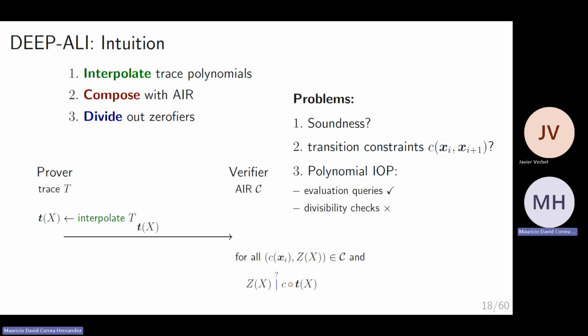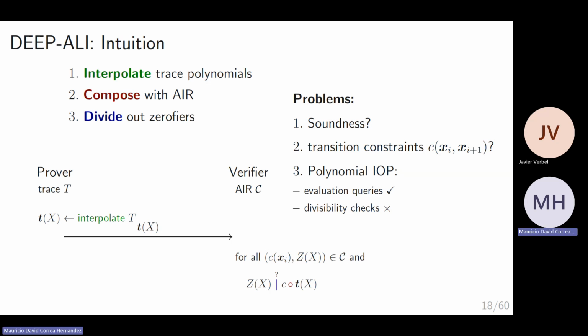The second thing is, I'm saying compose the trace polynomials with the AIR, and that makes sense because we have W trace polynomials, and some AIR polynomials take W variables, but the transition constraints take 2W variables. And so there's no way to compose the transition polynomials of the AIR with the trace polynomials, or at least not yet.